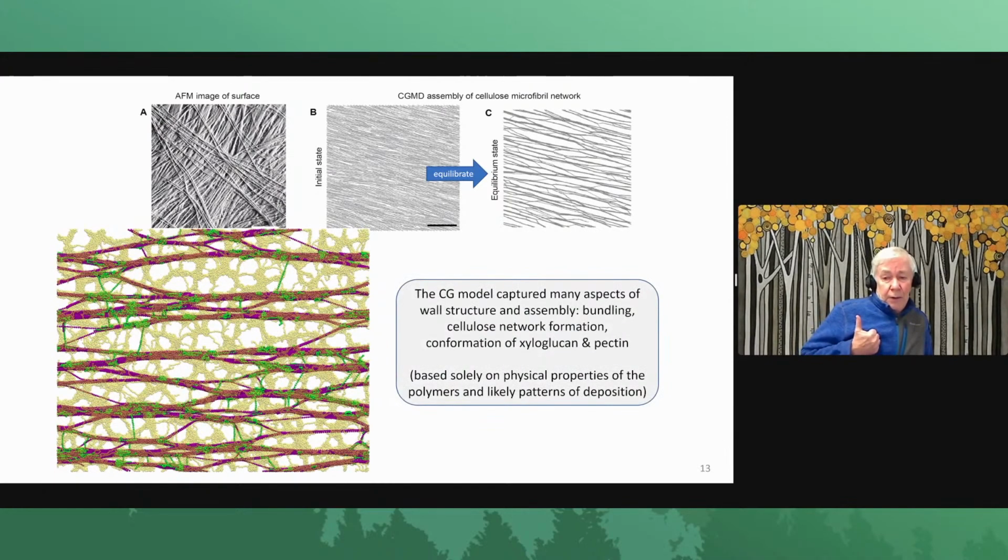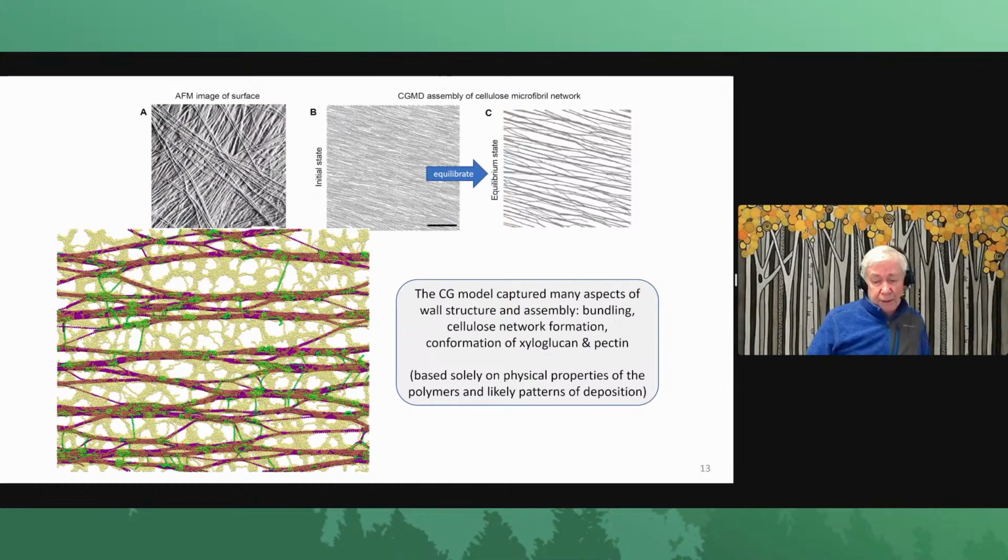So the coarse grain model captured many aspects of cell wall structure and cell wall assembly, including cellulose bundling, cellulose network formation, and the conformation and location of xyloglucan and pectins. This was satisfying because it was, remember, just based upon the physical properties of polymers, a very polymer-based model, and the likely patterns of deposition.